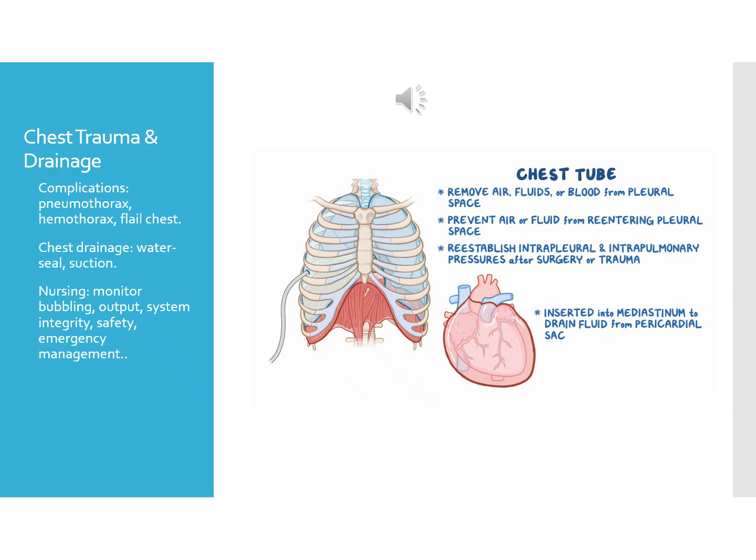Continuous bubbling in the water seal chamber is not normal and needs to be addressed by checking for any leaking. If you don't find any signs of leaking, we would want to notify the doctor to assess and change out that chest tube.